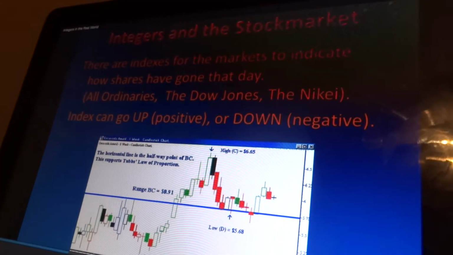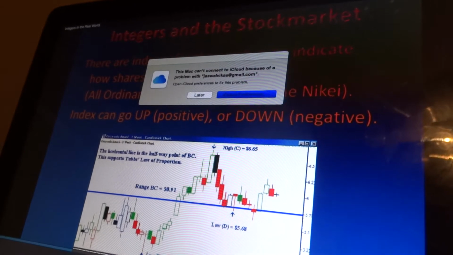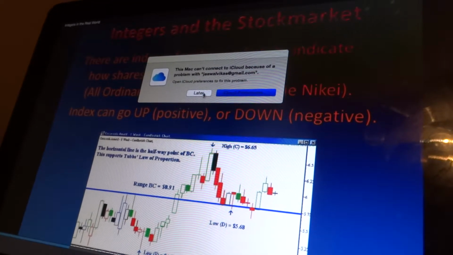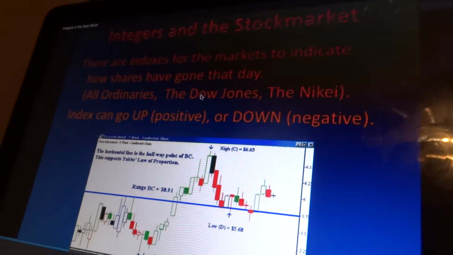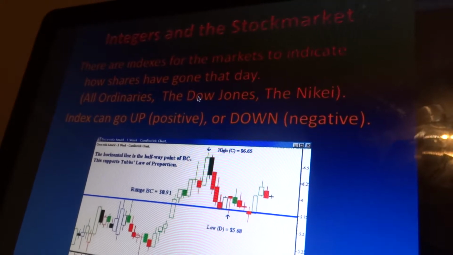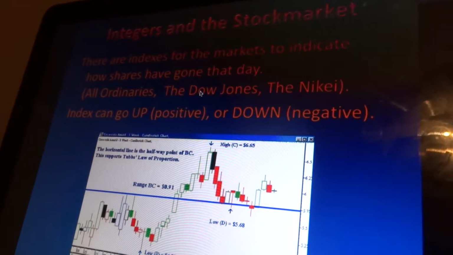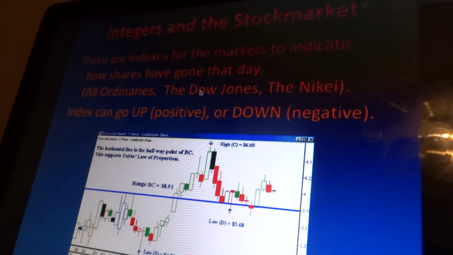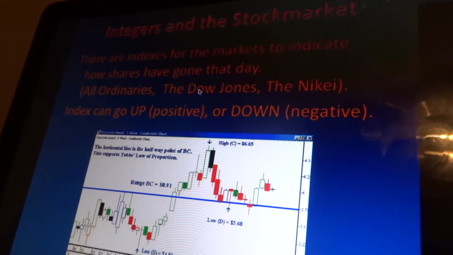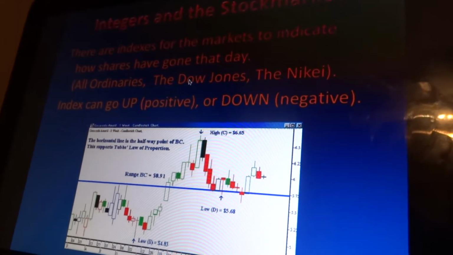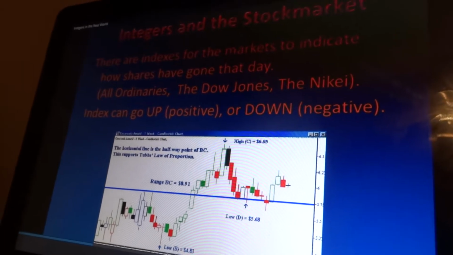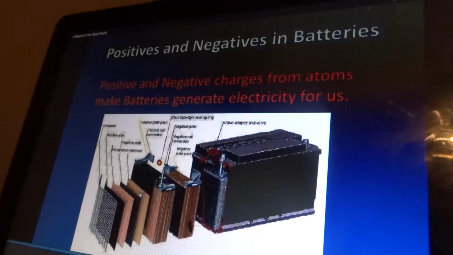There are indexes for the market to indicate how shares have gone that day. The All Ordinaries index can go up. If the index is going up, then it is represented by positive, and if it is going down, then it is represented by negative. So the stock market is also related to integers.